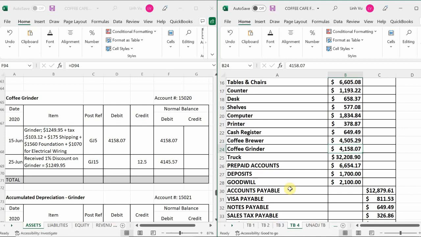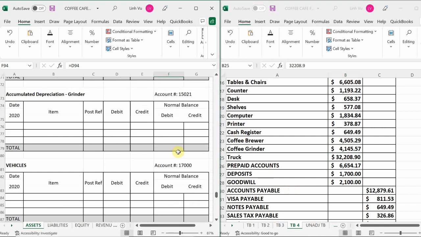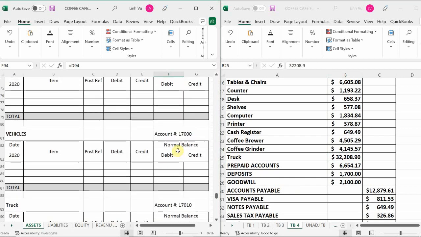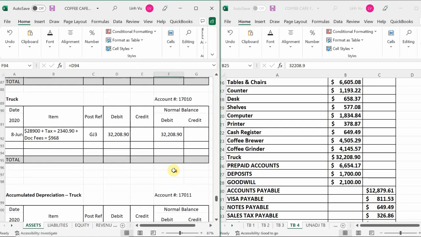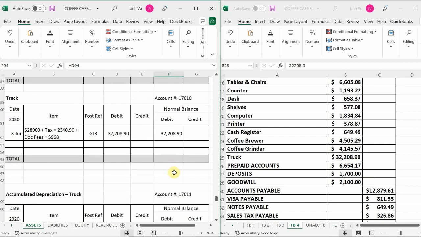Good. Okay. Let's see. What about my truck? Let's see. Vehicles. My truck is still 32,208.90. So that's the same.